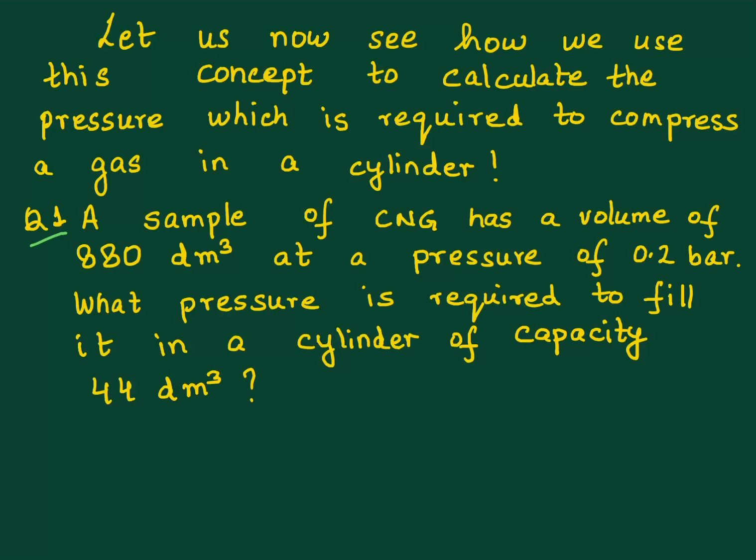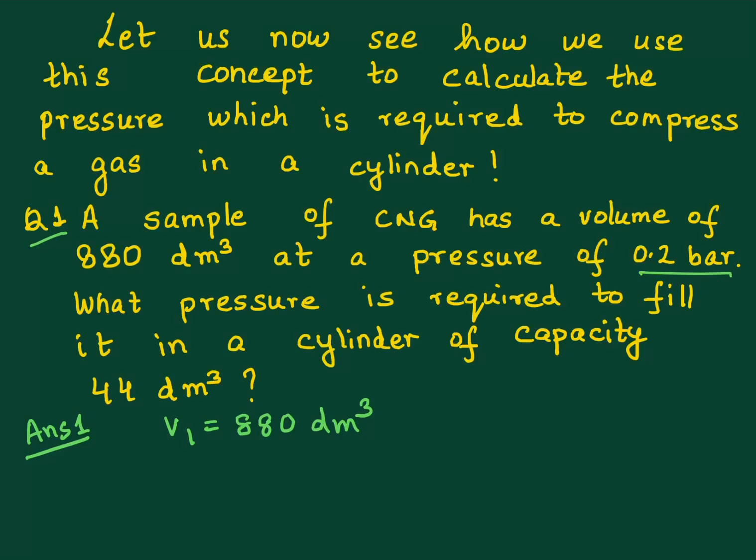I will guide you in attempting this question by telling you how to attempt any numerical, not just this one. Your first thing is, you list down the values which are provided to you. A sample of CNG has a volume of 880 decimeter cube. So that's my first volume, right? So 880 decimeter cube. Make sure that you write the unit as well.